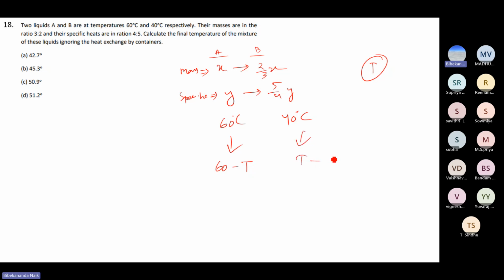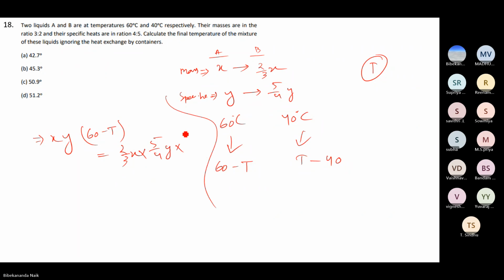So in this case, the temperature change will be T minus 40 degrees. So heat lost by A is equal to heat gained by B. So it will be M is X, specific heat is Y, XY into delta T, 60 minus T, is equal to 2/3 X into 5/4 Y into T minus 40.